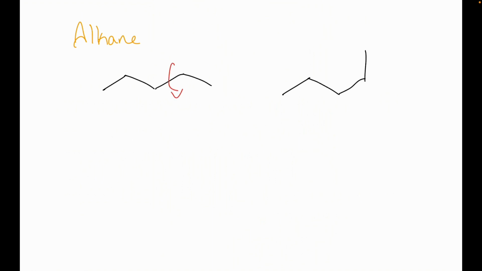That end carbon is twisting around. It would be really weird to see it written like this, but this would also just be pentane, with those bonds rotated around. So although we draw them in 2D in a straight line, these alkanes aren't frozen in place. They're constantly whipping about, twisting about.